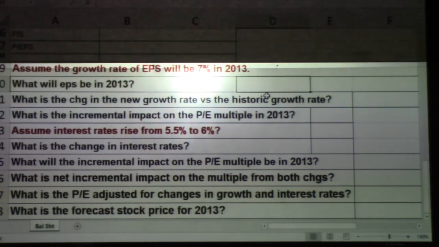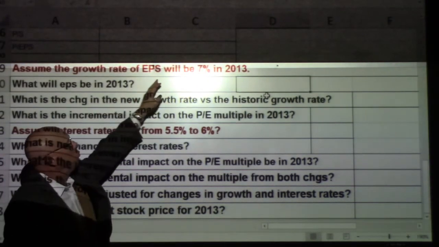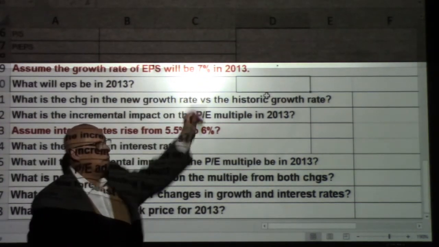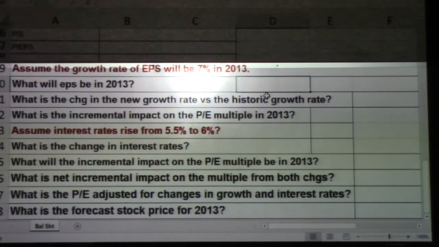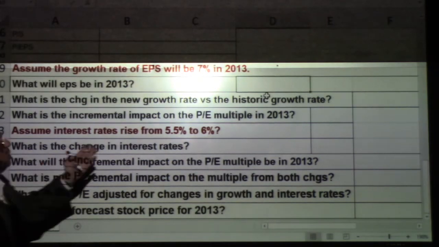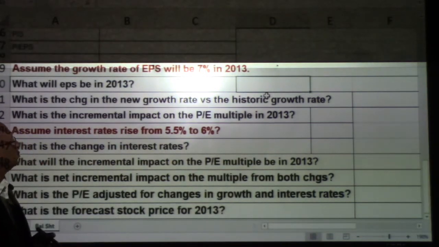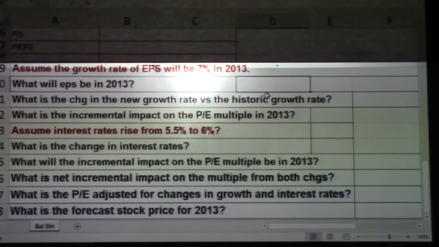All right, so we computed a growth rate for earnings per share. I think it was 5.16%. I believe that's what we computed, somewhere in that range. Okay? So now what I'm telling you is that earnings growth will be 7%. And so there's a change. The first thing we're going to do with this change in earnings per share growth rate is calculate new earnings per share.